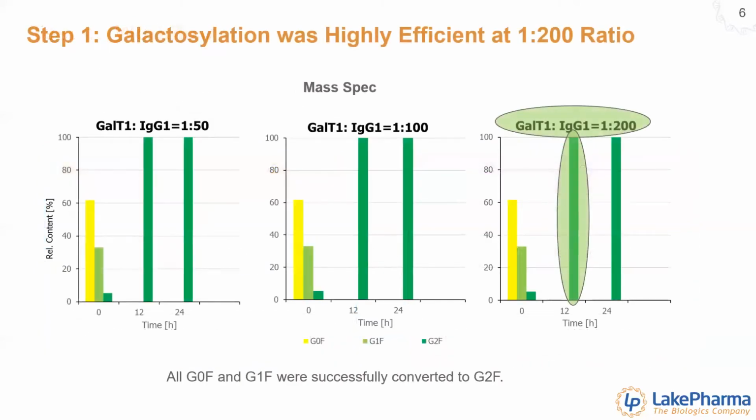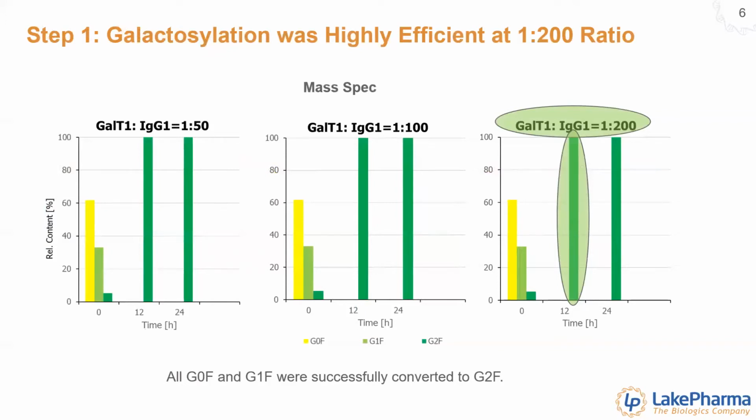The data is shown on slide number 6, looking at the results of the step 1 reaction, which is adding the galactose group. What we see is that the original sample is high in G0F, with some G1F and some detectable amount of G2F. But after the reaction, G0F, G1F, and G2F are all converted to G2F, with 100% addition of galactose.